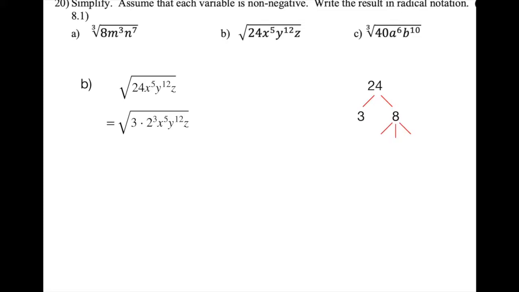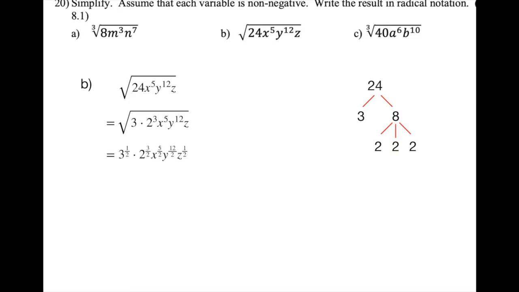So part B, we use a very similar process. First, we need to factorize 24, the coefficient in the front. So that will be 3 times 2 times 2 times 2. If you factorize 24, you can see that immediately.